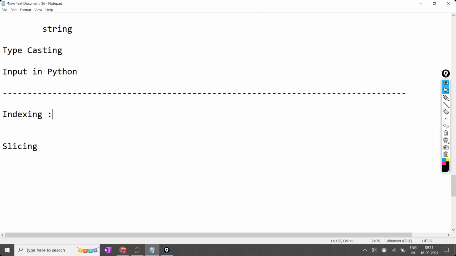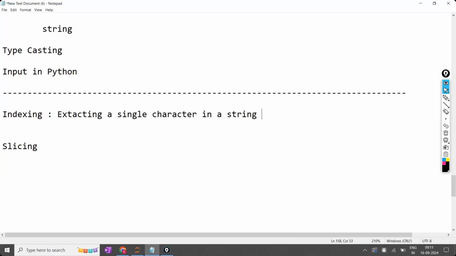What is meant by indexing? It means extracting a single character in a string. If you want to extract a single character in a string, we use indexing.